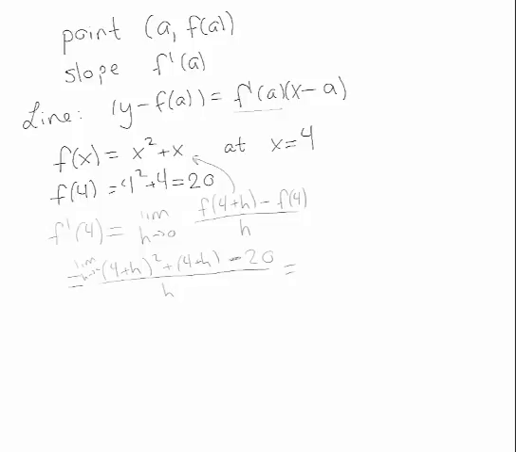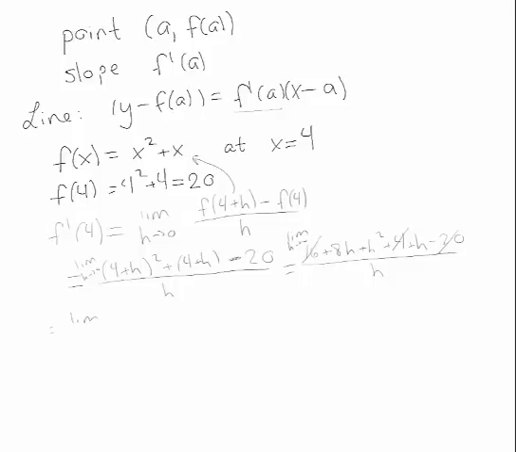Now I can simplify a little. Let's expand this: 16 plus 8h plus h squared plus 4 plus h minus 20. Now the 16 plus 4 minus 20 just cancels out. Again, this is a limit.